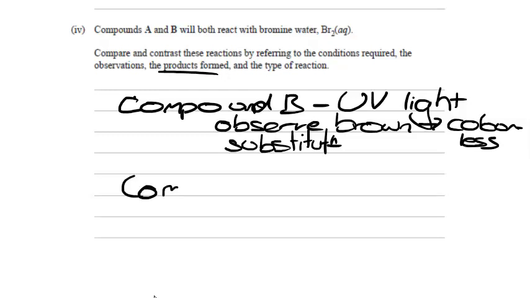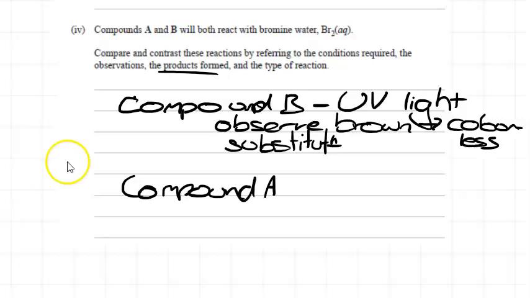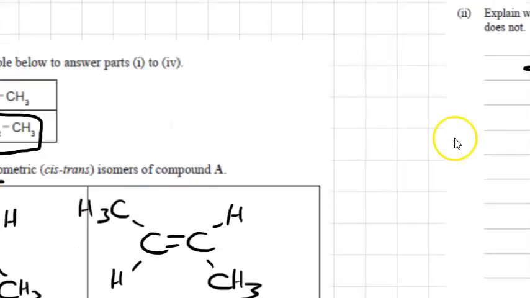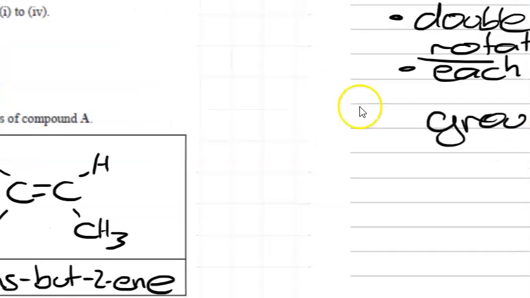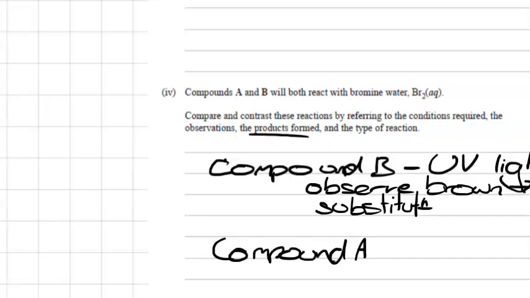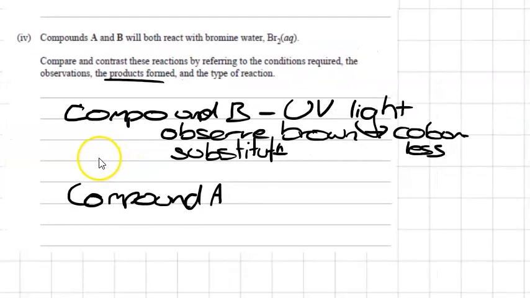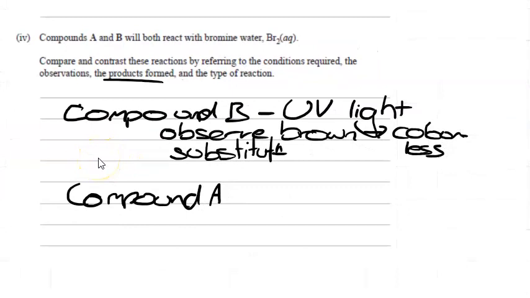Substitution, so that's compound B. Compound A, have I got this the right way around? Compound A and B. Let's have a quick look. Yes, I do. And compound A is an alkene, so that's going to be a fast reaction, which doesn't require any particular conditions.